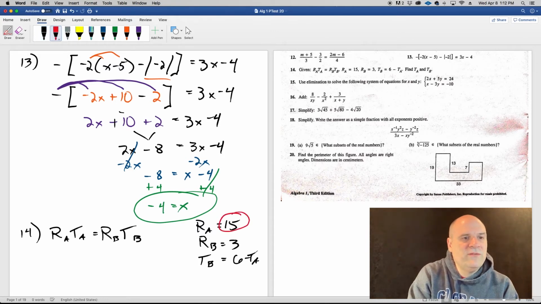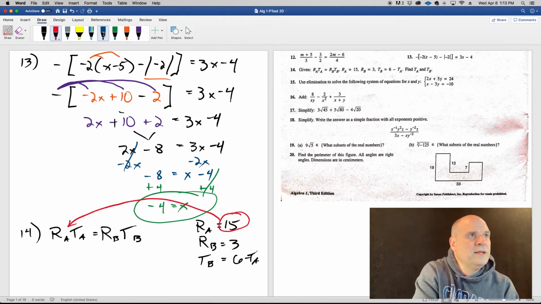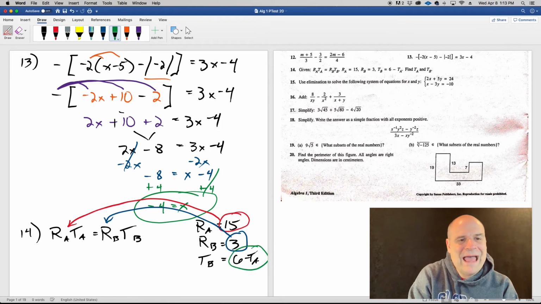All right, so here's what we're gonna do. We're gonna plug in 15 for RA. RA is right there. We're gonna plug in 3 for RB, which is right there. And then we're gonna plug in 6 minus TA for TB, okay?